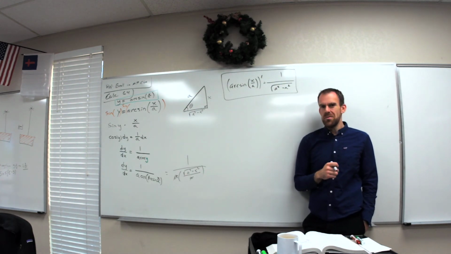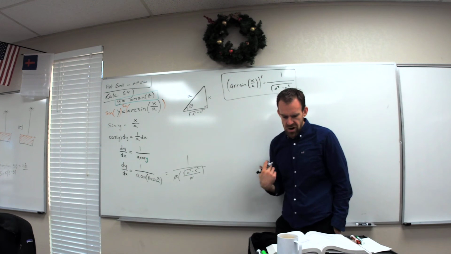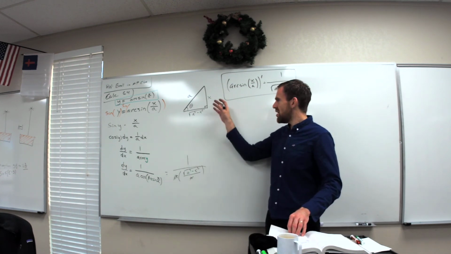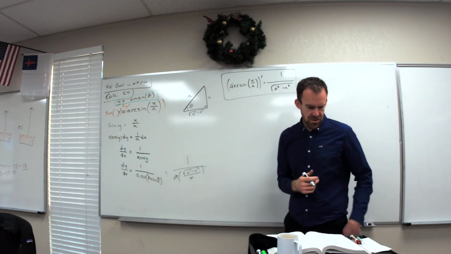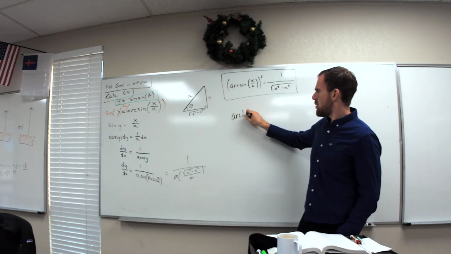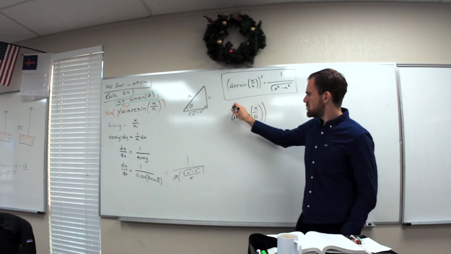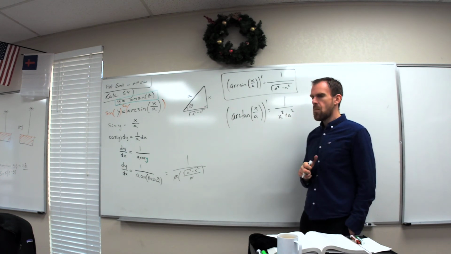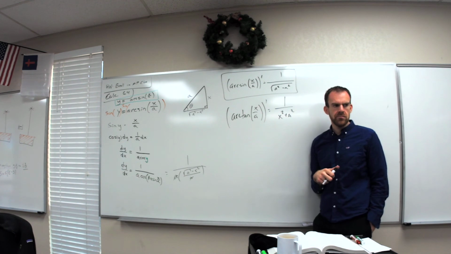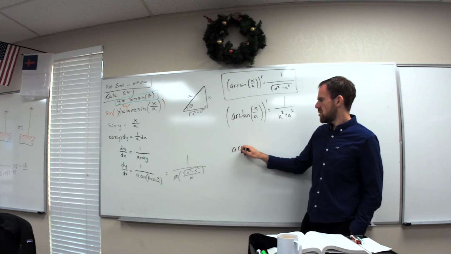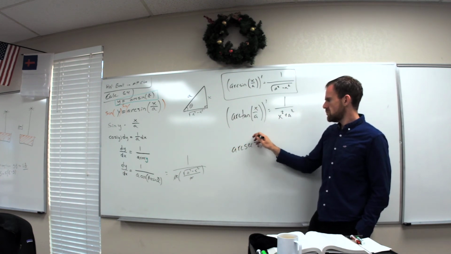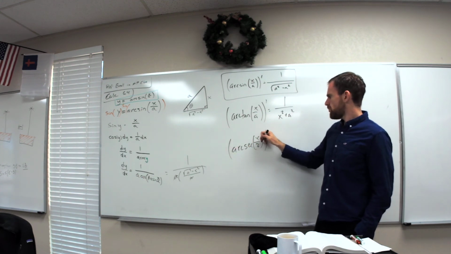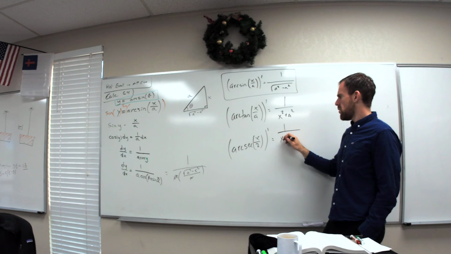The same process can be repeated for all the rest of them. So for arctangent, take tangent on both sides, draw the triangle, take the derivative, and you get the following. Arcsecant, don't write this yet.